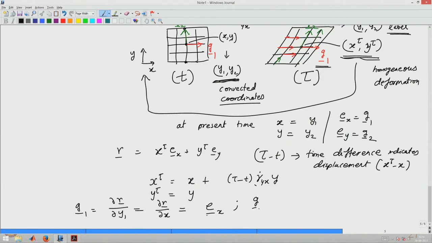Similarly, G2 can also be found, and G2 is again del r by del y, and therefore, we can see that the G2 dependence is a little more complicated based on the deformation which is taking place in the material.